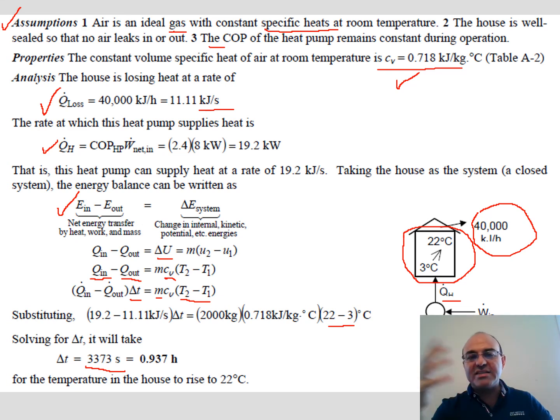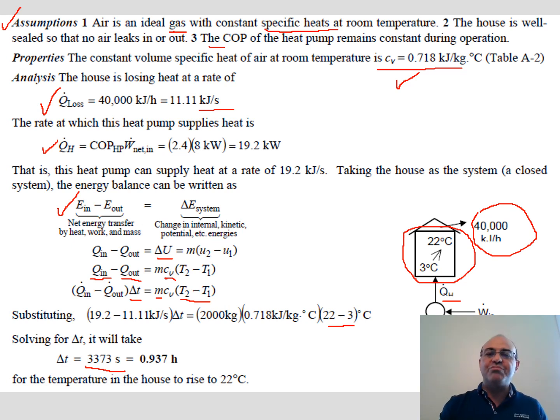Because it has already reached 22 degrees C. If the heat pump continues to run at the same rate, the temperature in the room will continue to increase from 22 degrees C to higher temperatures.